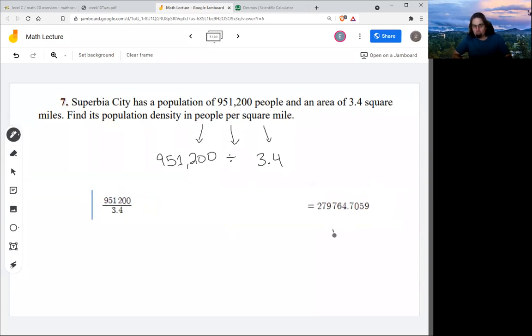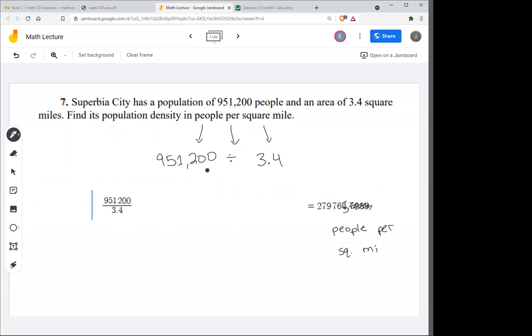And it's a word problem, so we should label it people per square mile. And you would round it to the nearest person, right? So this is a 5. That's what you got? Yeah.